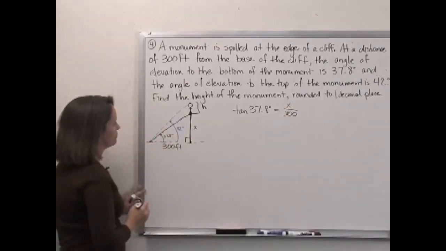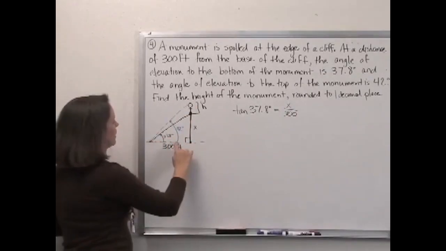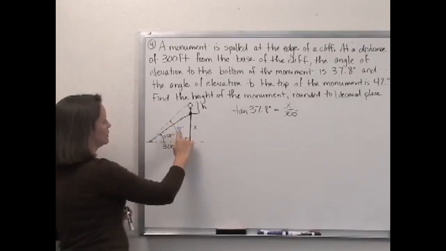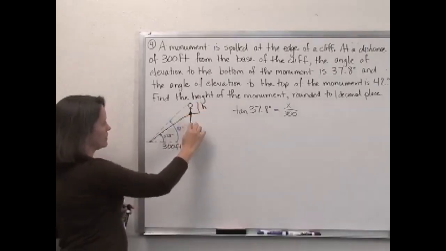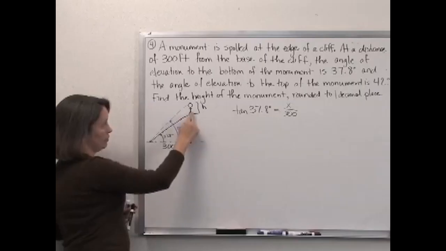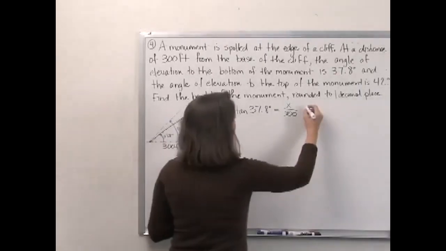Now let's look at the bigger triangle. This one has that angle of elevation of 42 degrees. The adjacent side is still 300. And the opposite side is all of this, the cliff plus the monument, or x plus h. So we can write another equation.